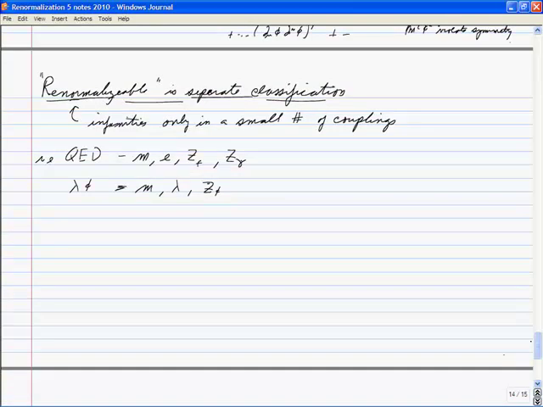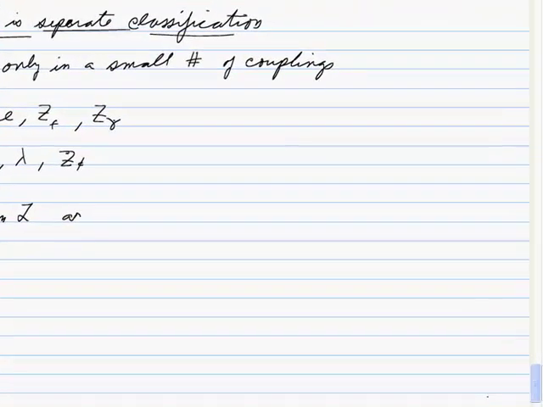Okay. The criteria for this new classification is that all parameters in the Lagrangian are dimensionless or positive mass dimension.